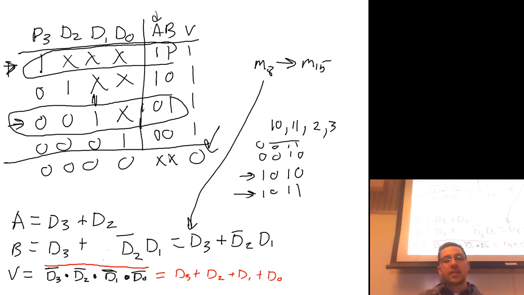To look at that, we're looking at this row to create that term. So the question is, why is it not D2 not or D1? Because we want it to be both D2 is 0 at the same time as D1 is true. Okay, so you have to do both of these things to be in this row.